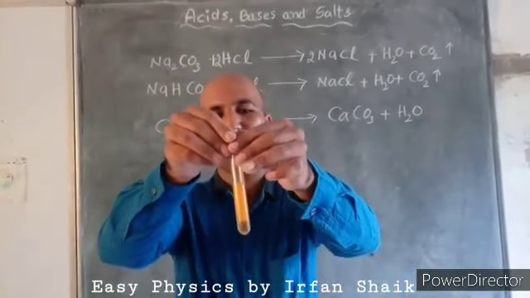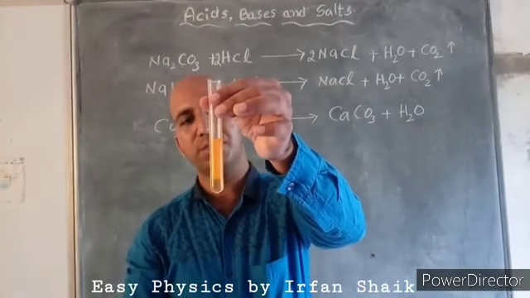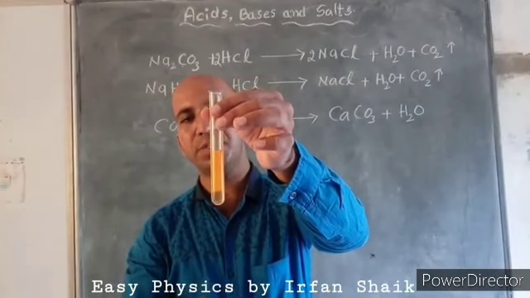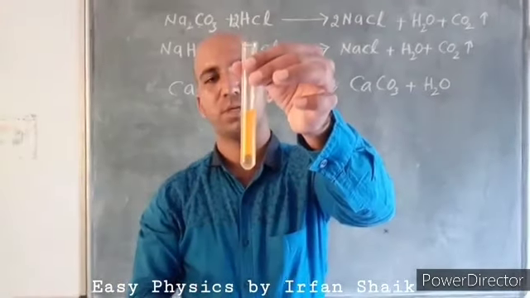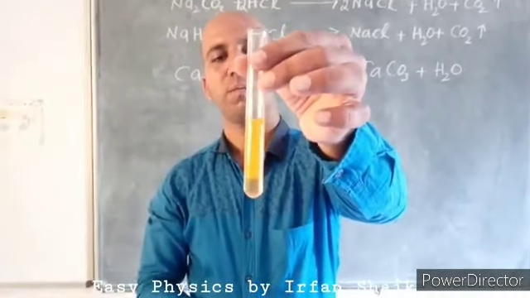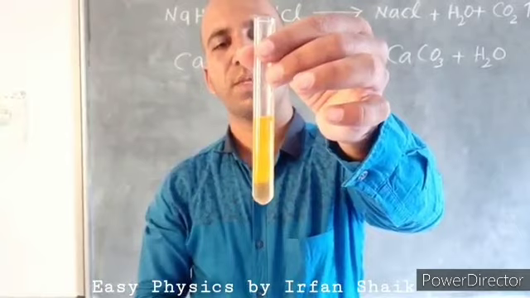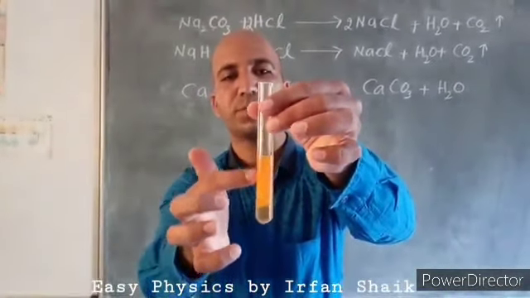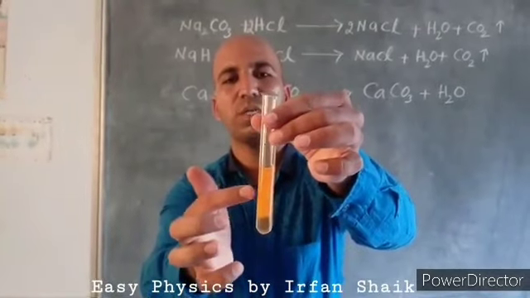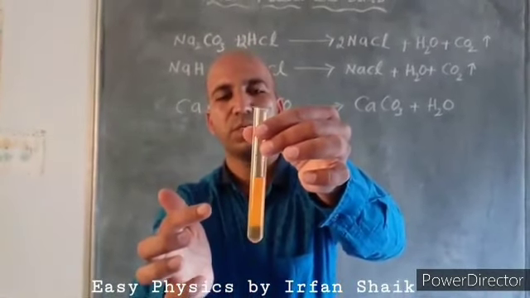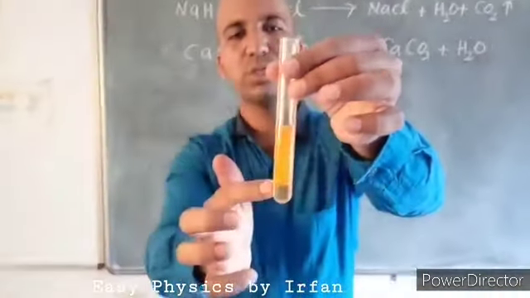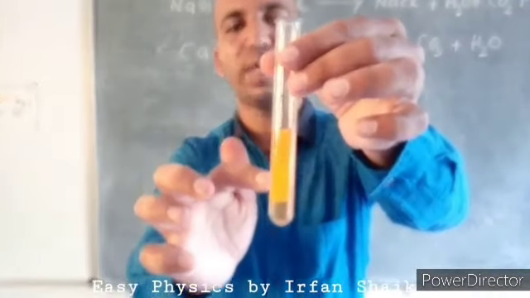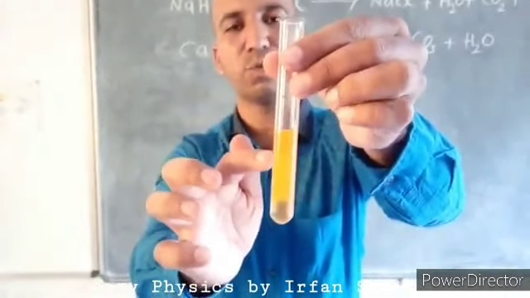If you observe carefully, in this test tube a precipitate has been formed. If we keep this test tube for some time, we can find the formation of a precipitate. This is called a salt. That means the basic solution has been neutralized by adding acidic solution.